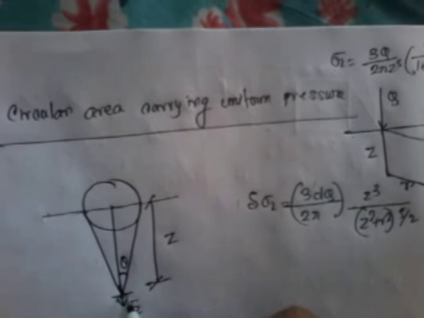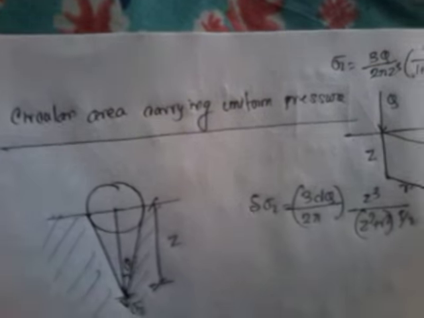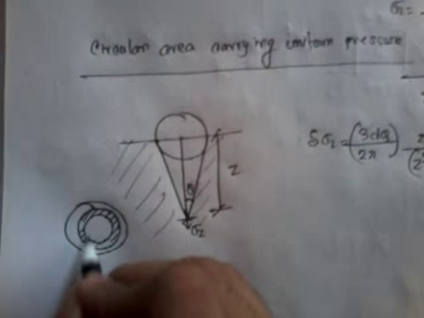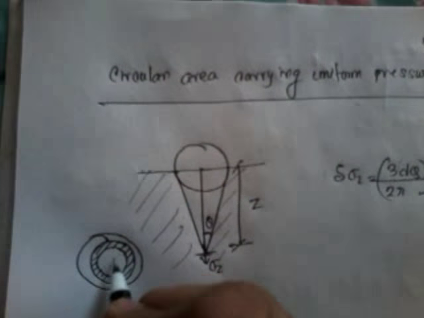Here the soil will be filled. So here we are taking a small strip. For integration we always consider a small strip. So this is the small strip.